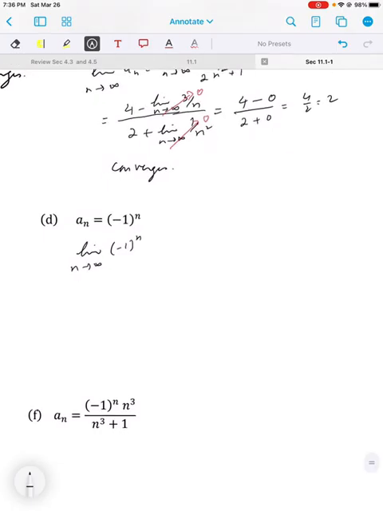So let's list some values over here. When n is 1, we get negative 1, n is 2, we get 1, then negative 1, then 1, negative 1, 1, and so on. Which means there is no fixed limit. We are basically going to get either 1 or minus 1, and so the limit does not exist. So therefore it diverges.